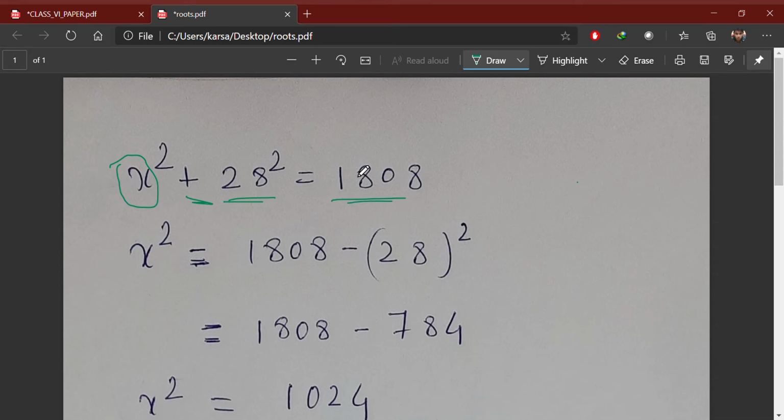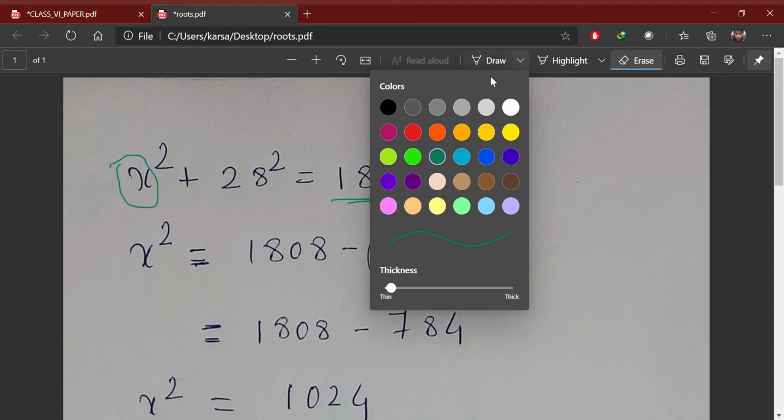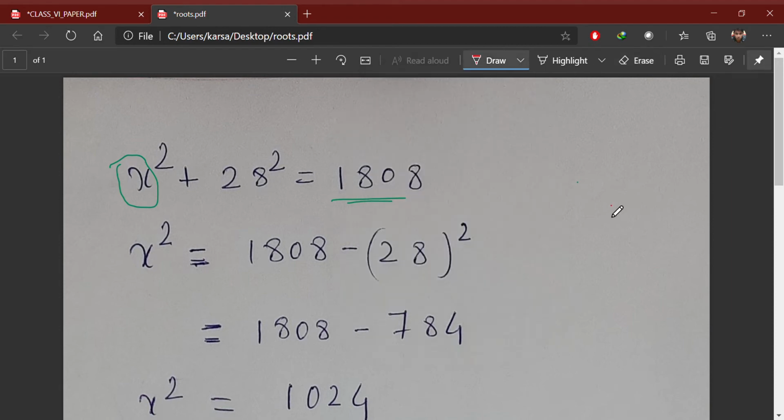Now the most important thing is that we need to solve this equation. Here we need to mark the sign of 28. Any number, suppose I write 5 here, what is the sign of 5?